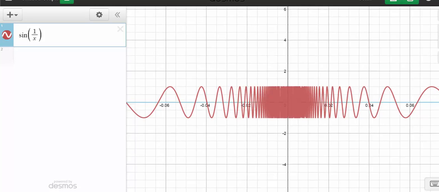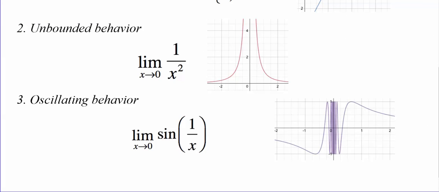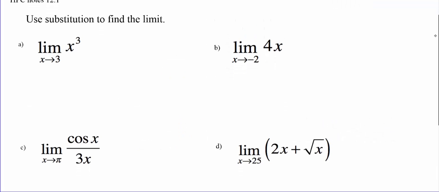But this is like infinite, that mess in the middle. It doesn't matter how far I zoom in, how many times I stretch this graph out, it's going to be an infinite number of times here in the middle. That's why it just looks like a big red blob right there. That's what it should be because it's infinitely oscillating back and forth. It's impossible to determine what it is approaching, and therefore the limit does not exist.